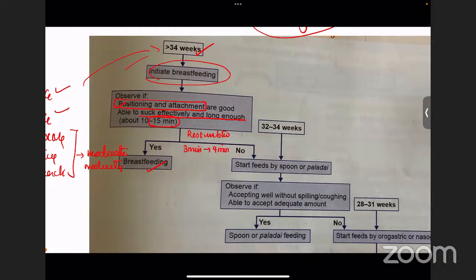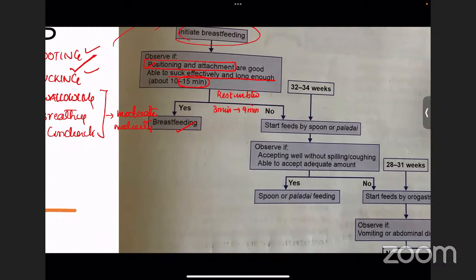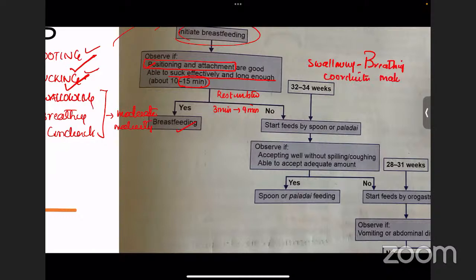That means she has a good rooting and sucking reflex, but the swallowing and breathing coordination has not yet matured enough for continuous sucking.